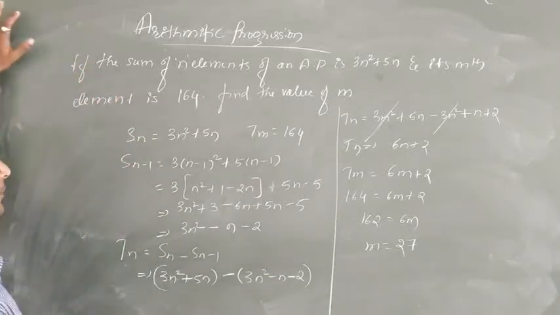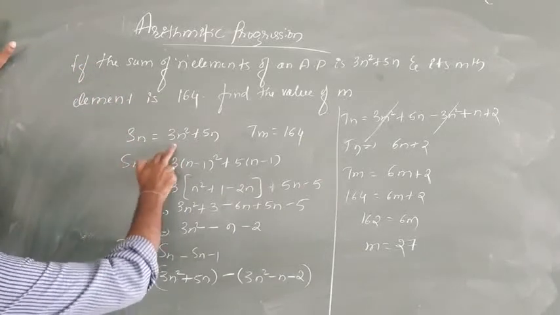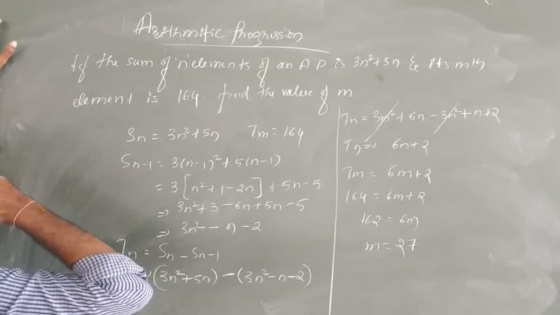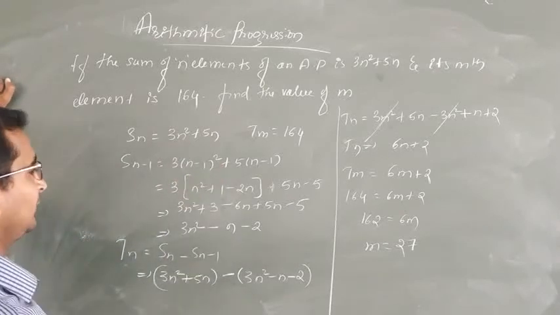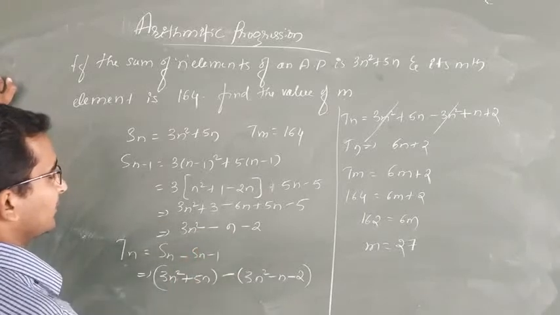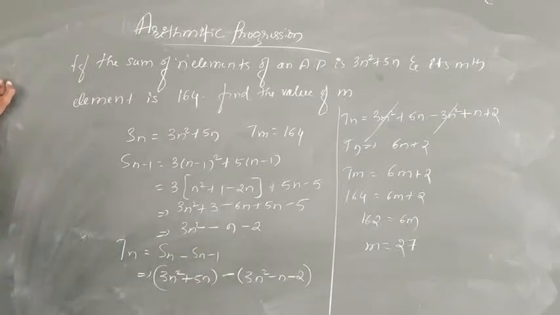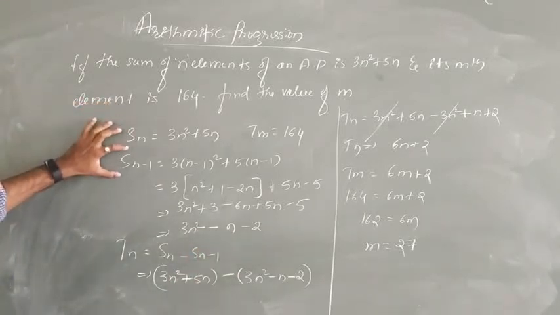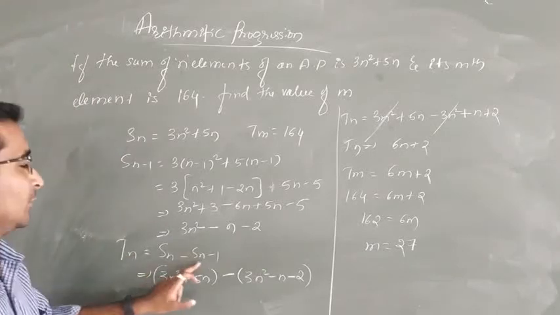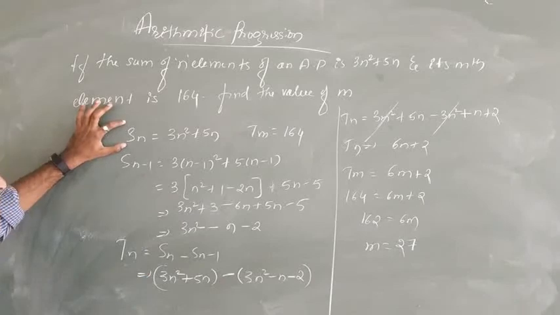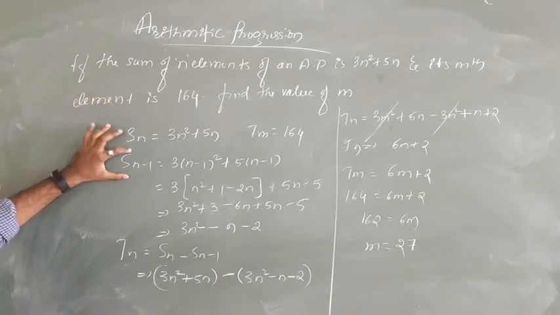Next, I find its previous sum, that is Sn minus 1. In place of n I substitute n minus 1. Then I get the term as 3n square minus n minus 2. Then I subtract Sn minus Sn minus 1 to get its nth element. To get the nth element, we have to find Sn minus Sn minus 1.